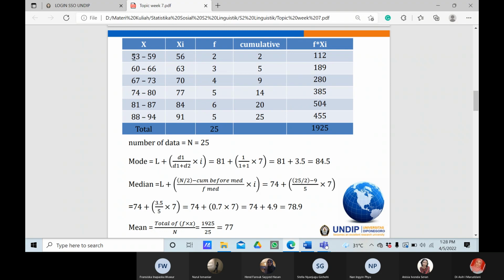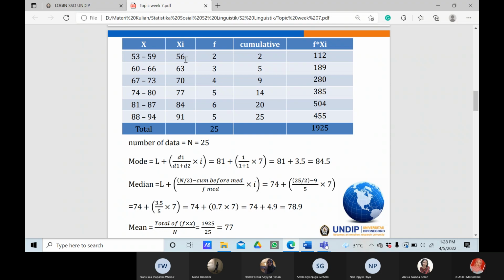But because this interval has 7 data, the median or the midpoint will fall at the fourth data from 53 to 59.